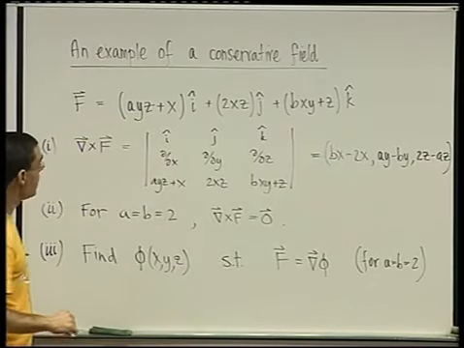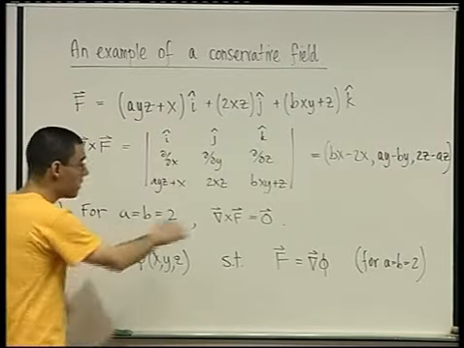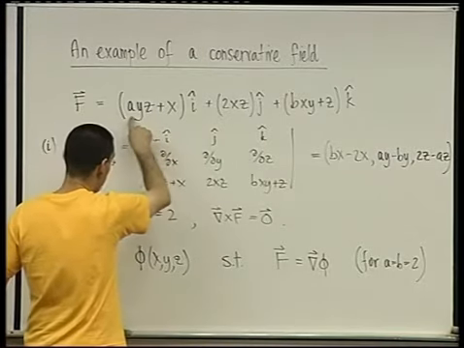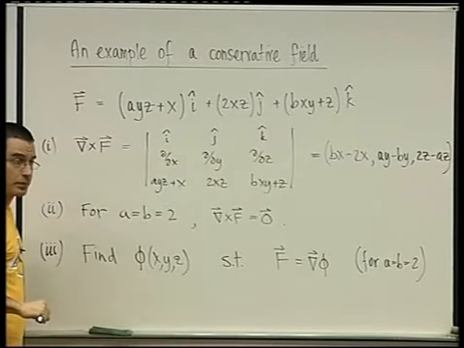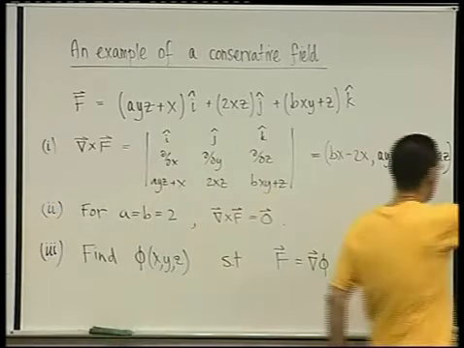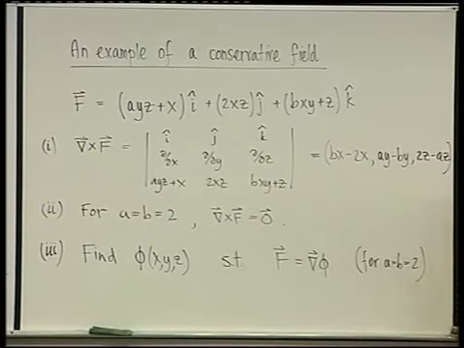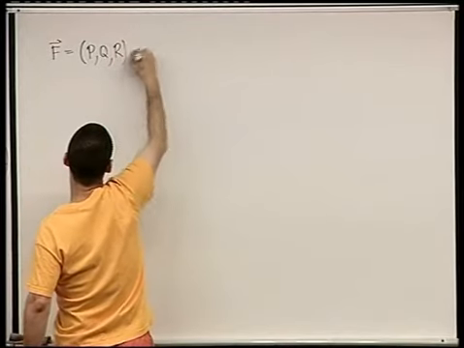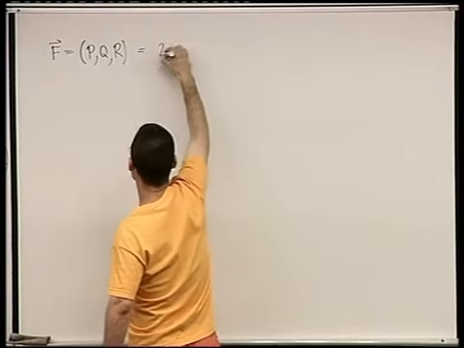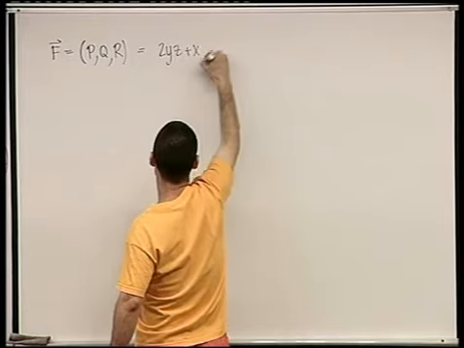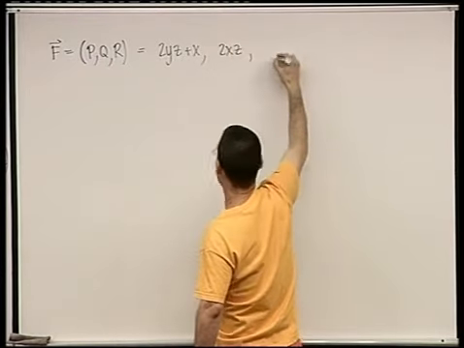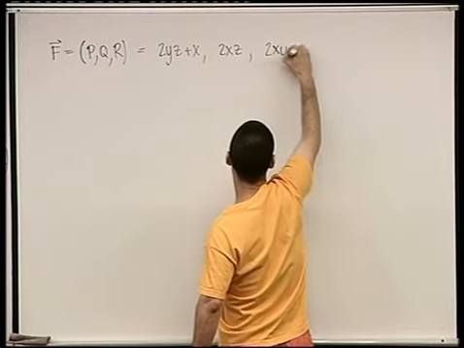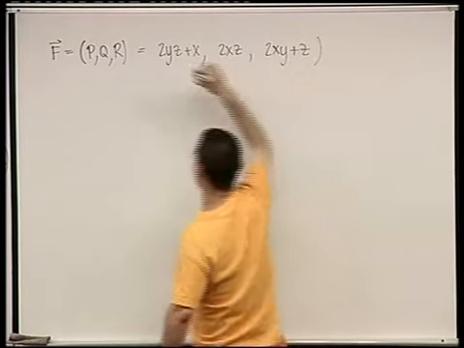Okay, so let's do that. I'm going to rewrite F on the next board, replacing a and b with 2, and then I'm going to find the potential function. So F is now (P, Q, R), where P is 2yz plus x, Q is 2xz, and R is 2xy plus z. I replaced a and b with 2.